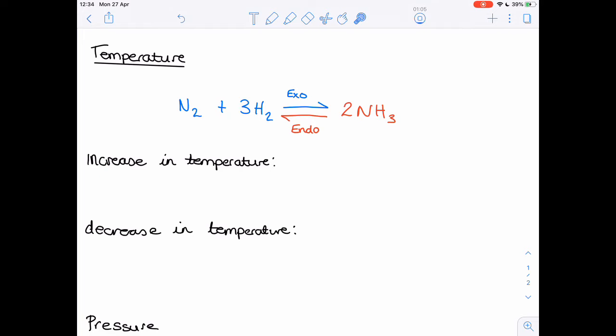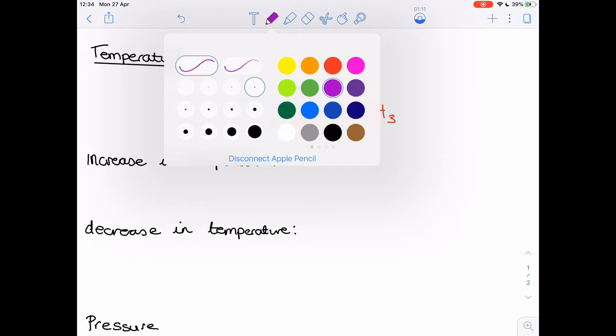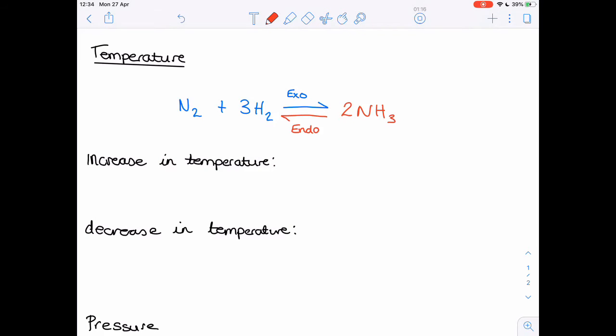So if an increase in temperature happens, and I'm going to do this in a different coloured pen so you can see, it favours the endothermic reaction. Now you might wonder, why does it favour the endothermic reaction? And that is because endothermic reactions take in heat.